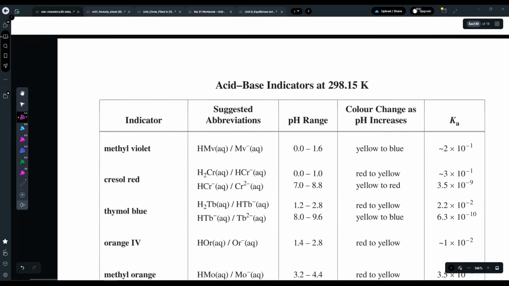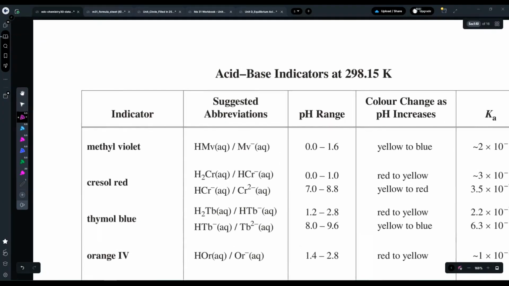Now, how you read this table here is with the pH range, the left-hand number is going to correspond with the left-hand color, whereas the right-hand number is going to correspond with the right-hand color.